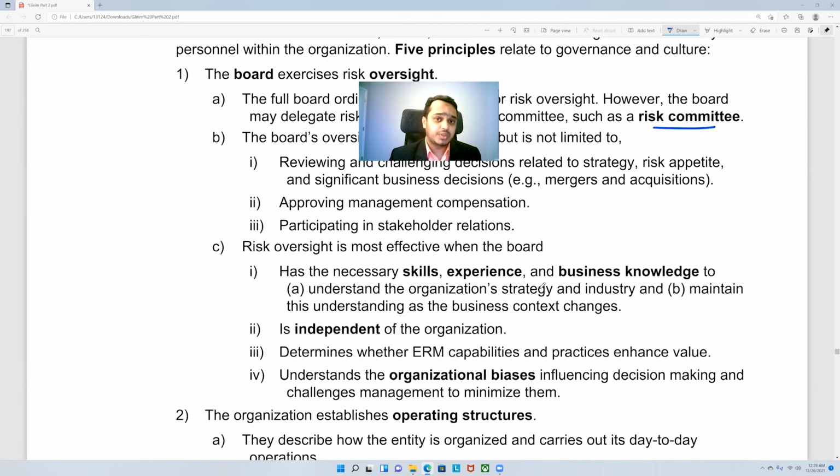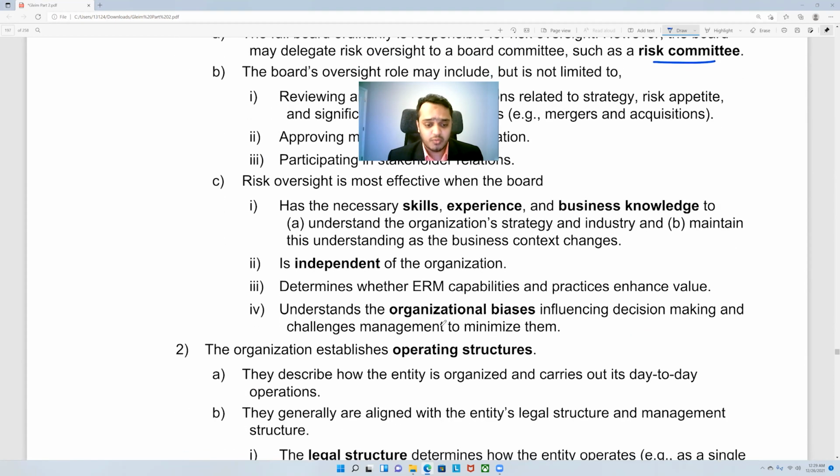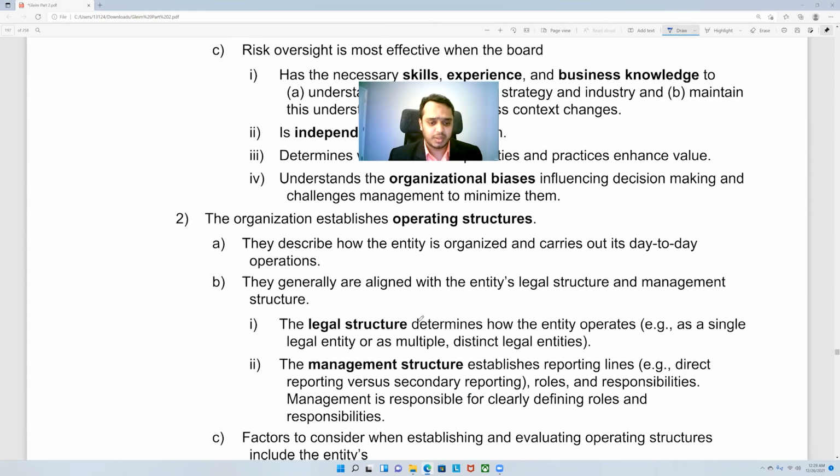How you set those risk limits depends on the skills, experience, your knowledge, and also on how the organization has progressed so far. Understanding what the organization stands for, and what its biases are, is more important in making that decision. The board's oversight is nothing but what all the limits are, what things are risky, and what things are not that risky. You can talk about it.